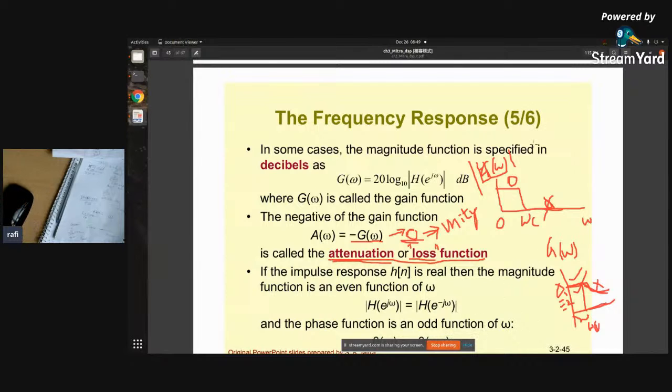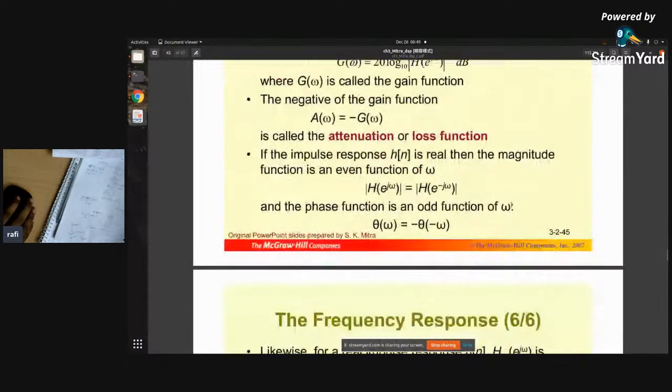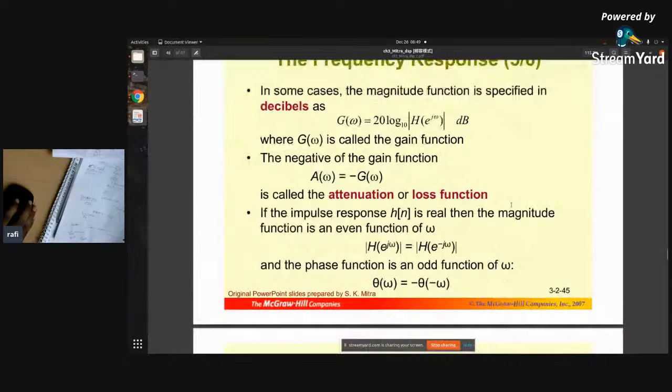So that is the meaning of the gain function. The two points to be noted: gain 0 is the reference we will follow. Gain can be positive in some cases, but generally positive gain only occurs in an amplifier. We don't talk about amplifiers in DSP, we just talk about filters.